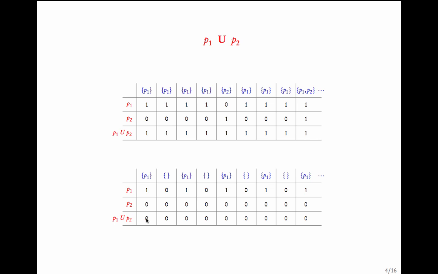At this position, P1 until P2 is 0. At this position, P1 until P2 is 0 and so on. At every position, P1 until P2 is 0. Doing this evaluation gives us an infinite table where each entry corresponds to the evaluation of the subformula at that particular position.